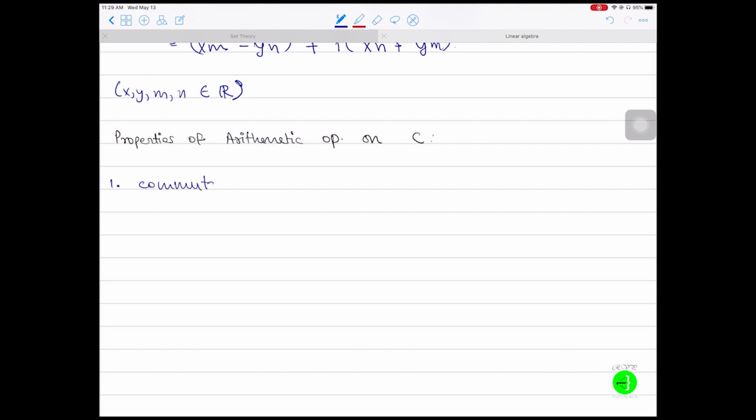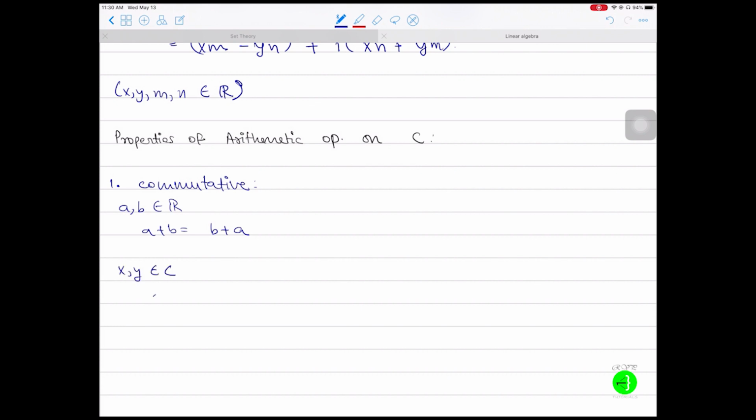For any real numbers, a plus b is the same as b plus a. Same thing for complex numbers: if we have two complex numbers x and y, then x plus y equals y plus x.